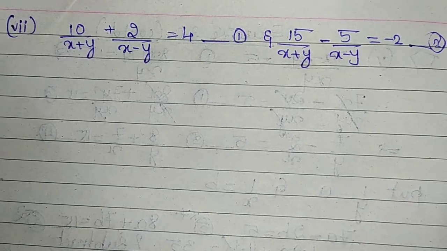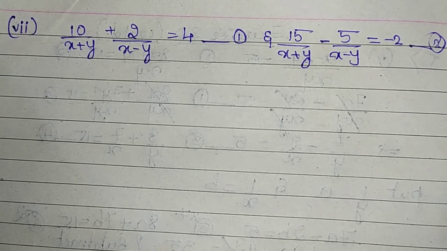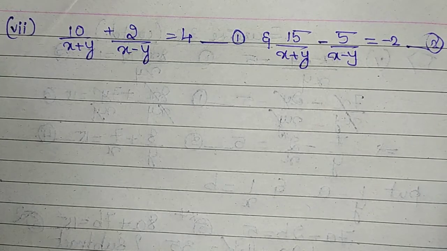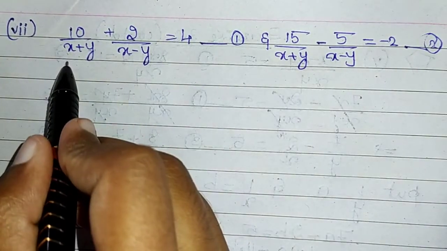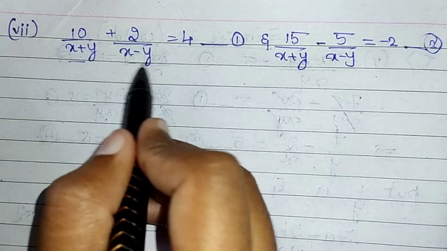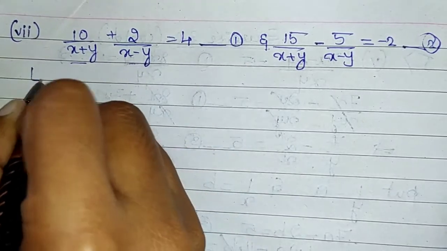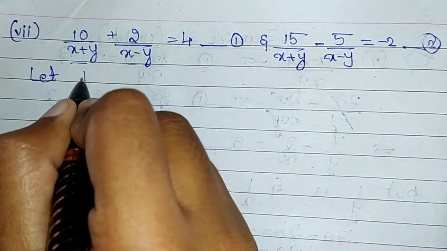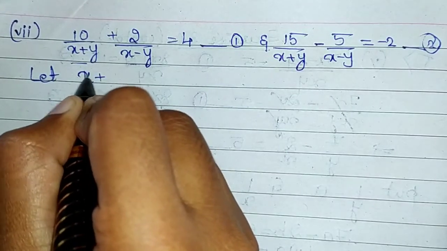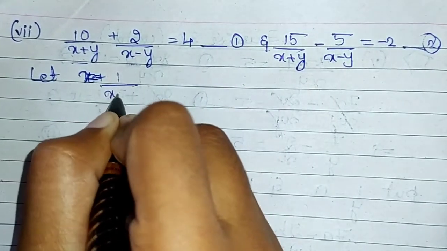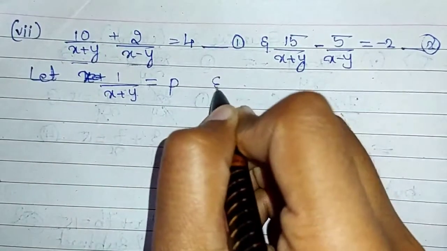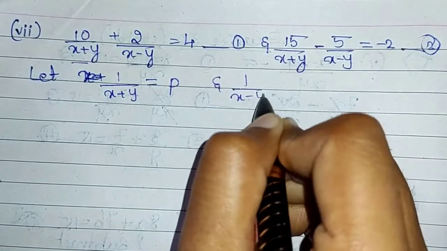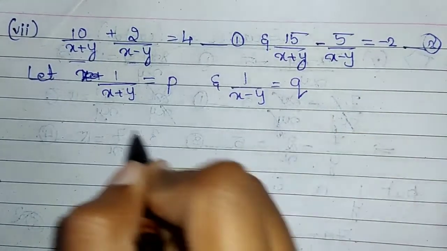So here we have our two equations, 10 by x plus y plus 2 by x minus y is equal to 4, and 15 by x plus y minus 5 by x minus y is equal to minus 2. Here you can see in the denominator x plus y and x minus y are common terms. So let 1 by x plus y is equal to p, and 1 by x minus y is equal to q.